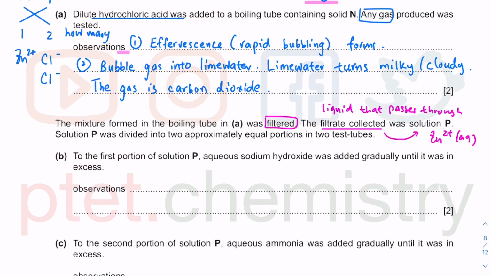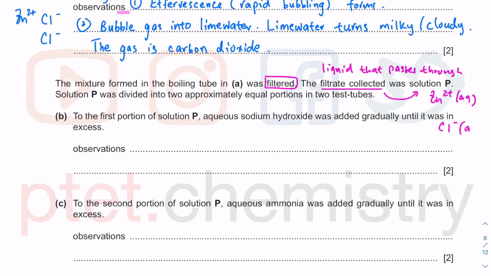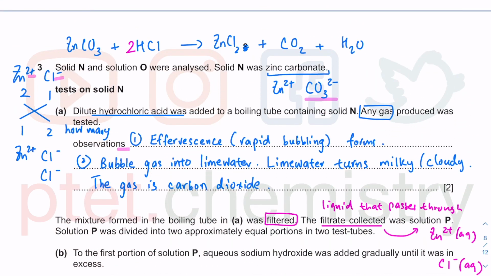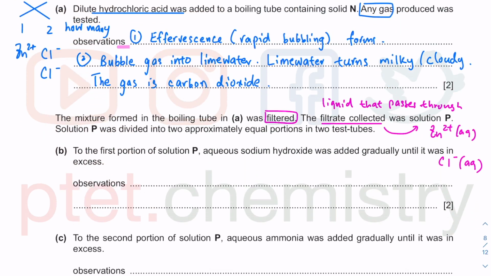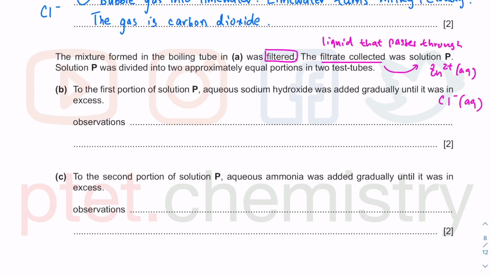So Zn2+ aqueous. We also have Cl- aqueous. Aqueous means dissolved in water. They pass through. All carbonates are insoluble except when they contain sodium ion, potassium ion, or ammonium ion, part of year 9 or year 10 solubility rules. We divide this solution P that contains this soluble salt into 2 test tubes.